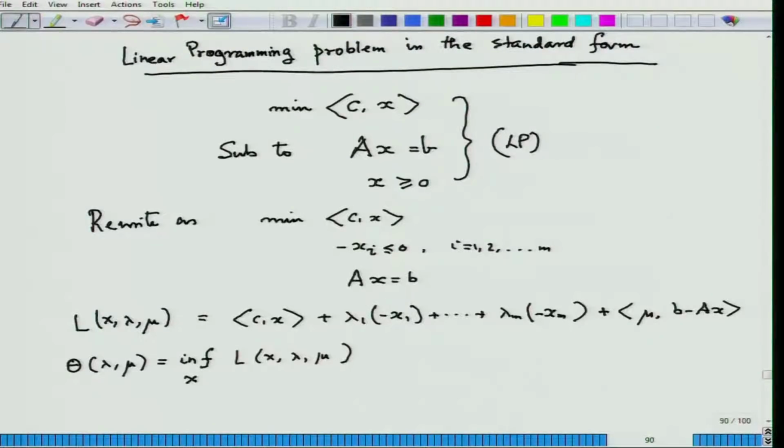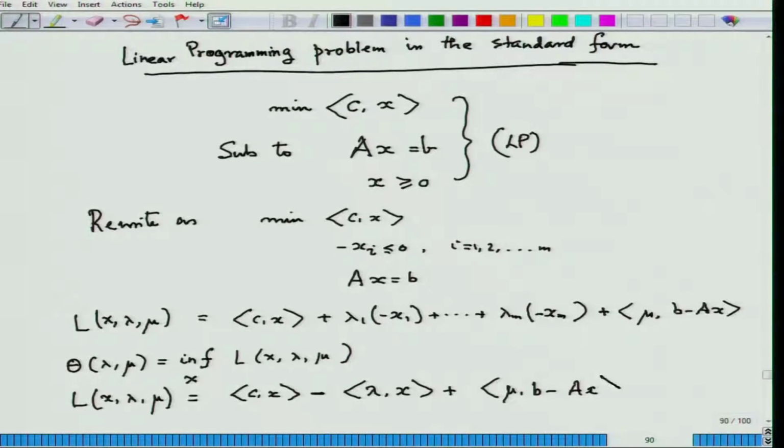Now, let us look at it very carefully and see what is therein. Let me observe one thing, that L(x, lambda, mu) is written as... now, I will club the x things together.